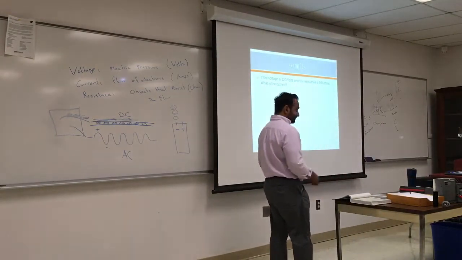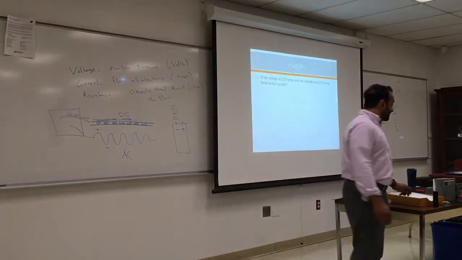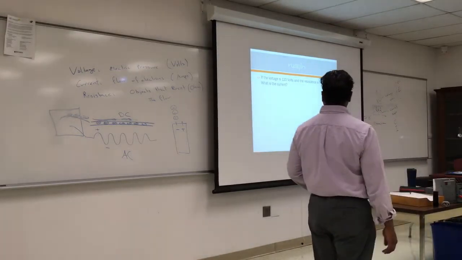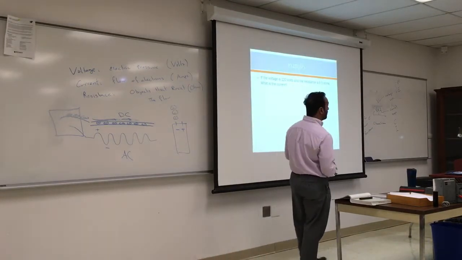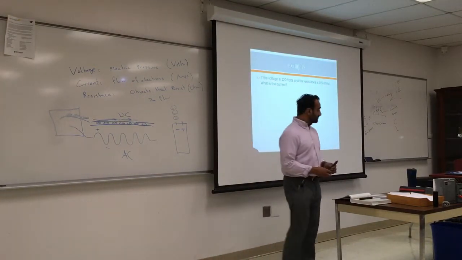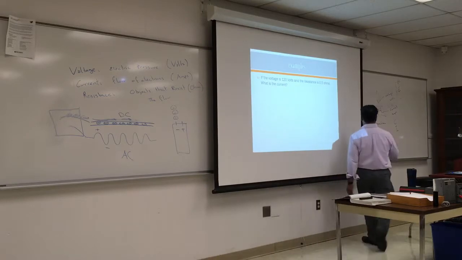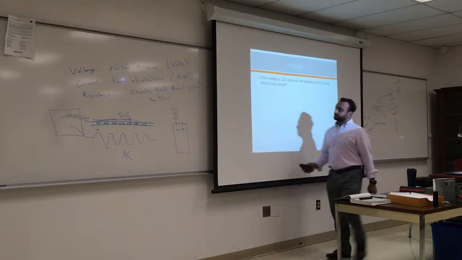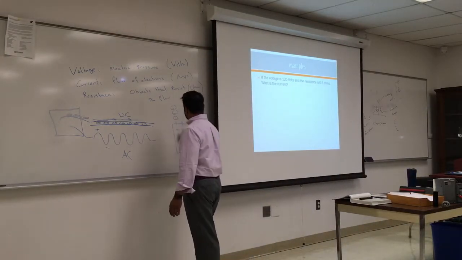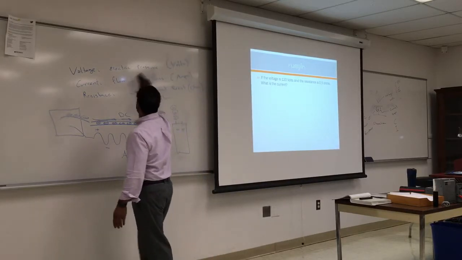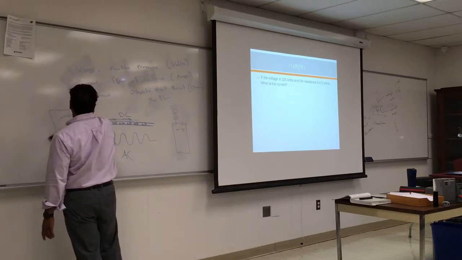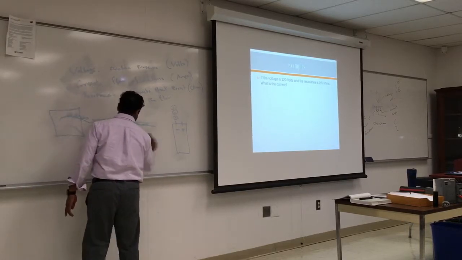Let's do a quick example. If the voltage is 120 volts and the resistance is half an ohm, what will be the current? 60 amps.